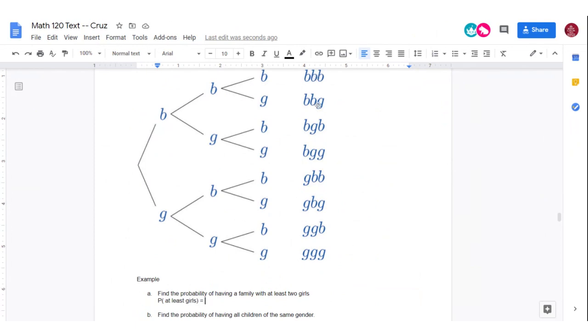This one's only got 1 girl. This has only got 1 girl, but this one right here has 2 girls. And it says at least 2, so we can count anything that's more. So 1. Now this one's got 1 girl again. This one's got 2, so that's 2. This one's got 2, so that's 3. And then girl, girl, girl is at least 3, so 4. And how many total are there? There's 4 out of 8 here, so 1/2.